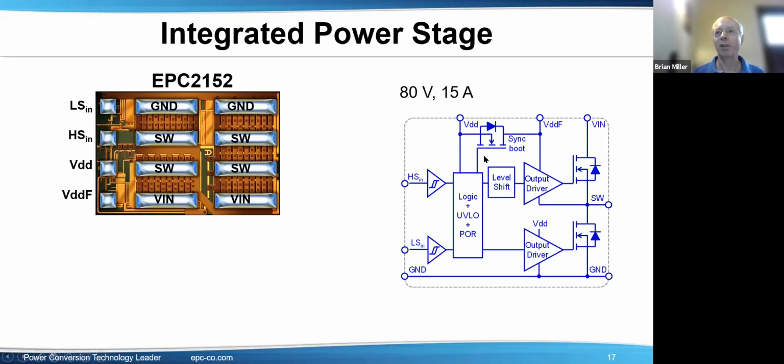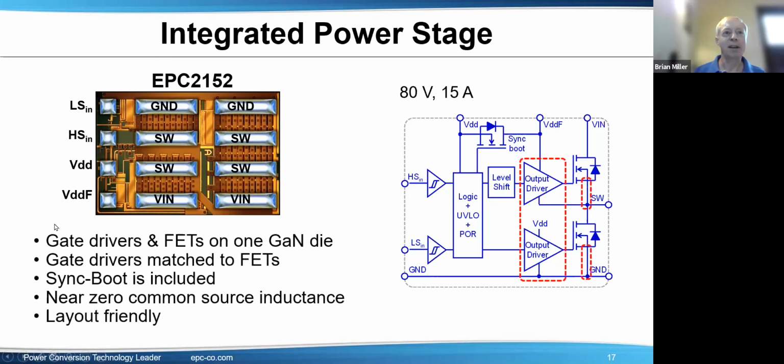And you'll see right here, we just discussed sync boot. There's a transistor right there. So this is built in, and it's driven off the lower gate drive, but it's in the logic block here. So that helps to make this a very high speed, high efficiency system, whole power block.